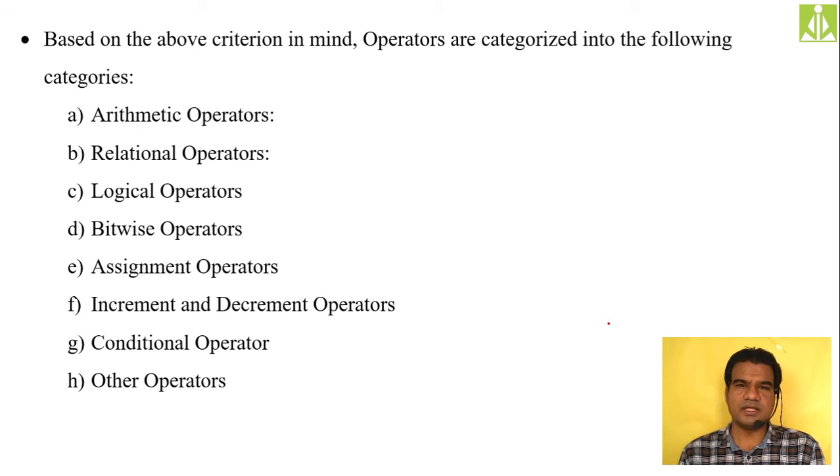Finally, the ternary operators take three operands to perform their operation, and we have only one such operator type, that is the conditional operator. So all these types we discussed: the arithmetic operator category, the relational, logical, bitwise, assignment, increment and decrement, and other operators. We are left with only this conditional operator.